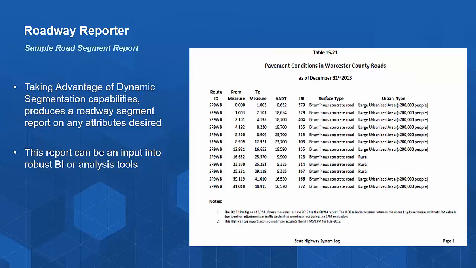But not only can we think about the specialized reports we could generate, but ultimately think about the tables and really the data sets that could be generated from this for use in business intelligence or other analysis tools. And as we'll see, this can be a nice way to create a dynamic data set for use in Insights, and you can begin to see the value of these tools.